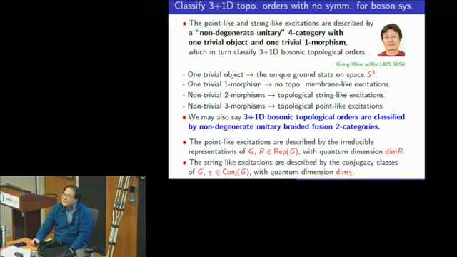Let me see. The closest analog I can think of is a U(1) gauge theory in 3 dimensions. The charge has infinitely many types because the charge is an integer, it can be any integer. But then when the charge can be any integer, you find you have a gapless gauge field. So this situation is not gapped, it's gapless.